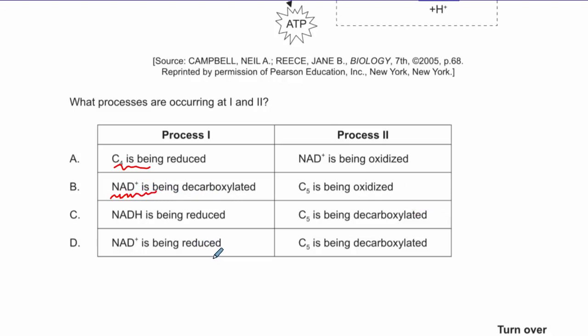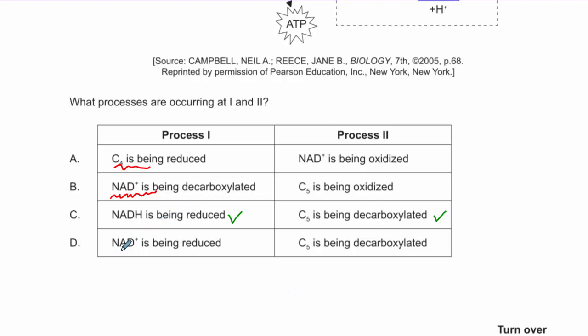NAD plus is just the carrier, and it's never actually changed other than being reduced or oxidized. C: NADH is being reduced in 1, and yes, we saw that. And C5 is being decarboxylated. Yes, C5 became C4 and lost the carbon dioxide.